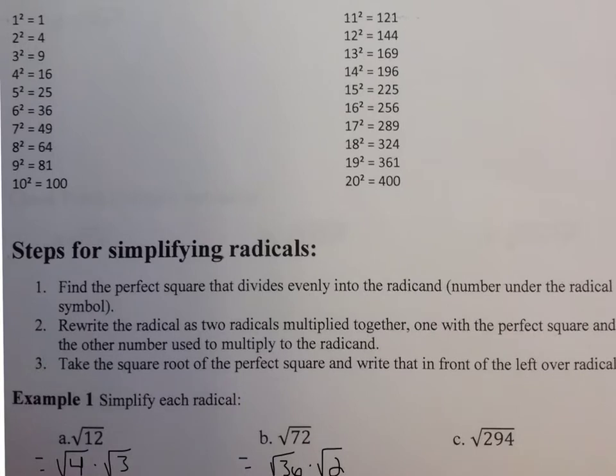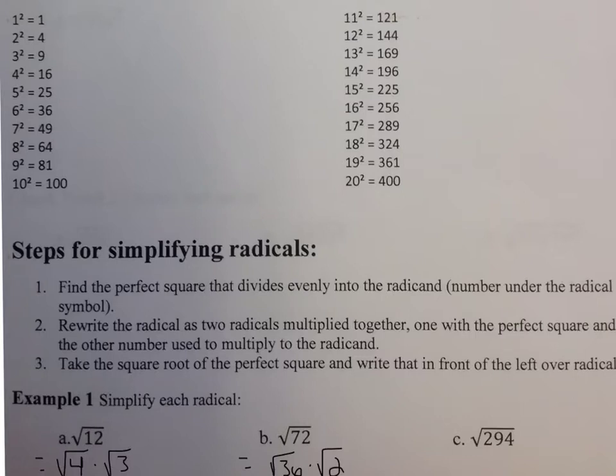So if we take 144 and we try 294 divided by 144, we get 2.04 and the number goes on forever. And so that doesn't work. So we move to the next number up the list. Now we're going to try 121. See if 121 goes into 294. 294 divided by 121 is 2.42. It goes on forever. It doesn't go in evenly, so we move on.